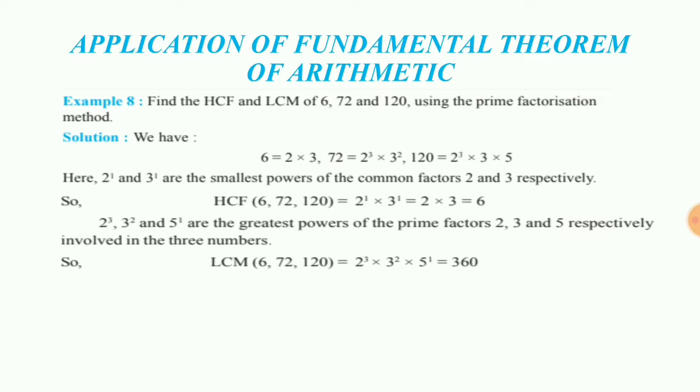If we take the highest power of 2, it is 2 cube in 72 or in 120. The highest power of 3 is 3 square in 72. The highest power of 5 is 5 raised to power 1 in 120. So their product, 2 cube into 3 square into 5 raised to power 1, which is equal to 360, will be the LCM of 6, 72 and 120.